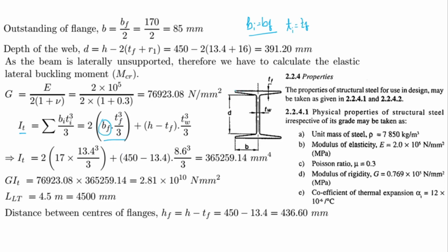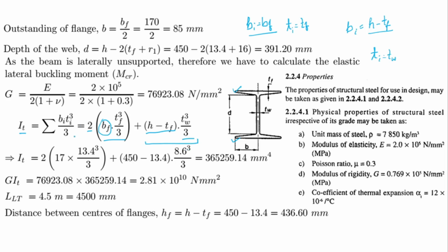As we have two flanges at top and bottom, you have to multiply it by 2. Then for the web portion, Bi equals total depth minus thickness of flange, it is H minus TF, and Ti is the thickness of web, so TW cube by 3.